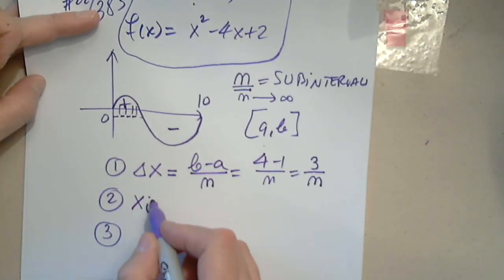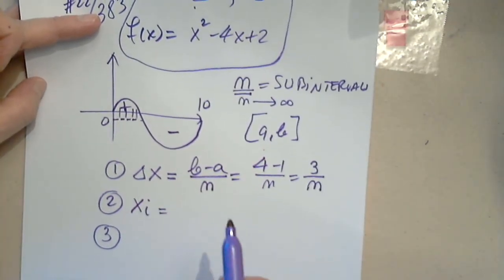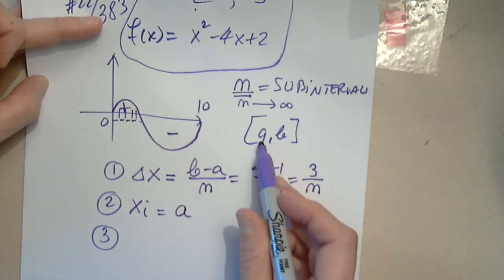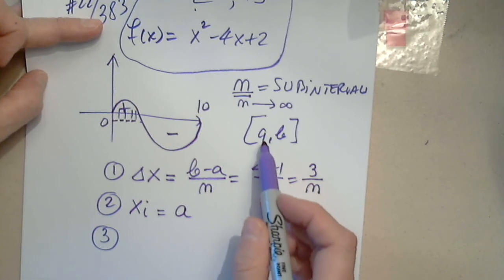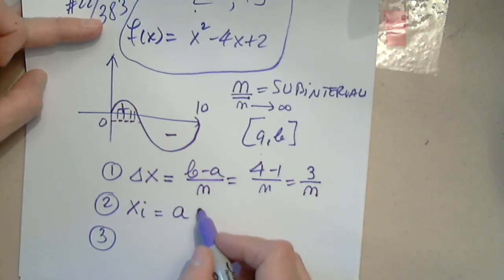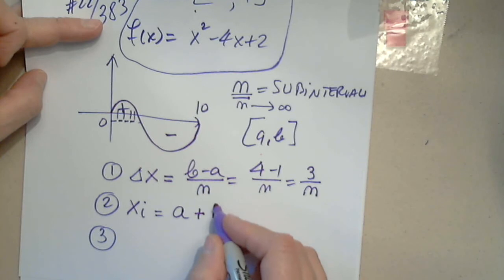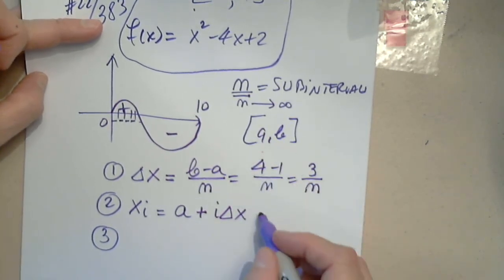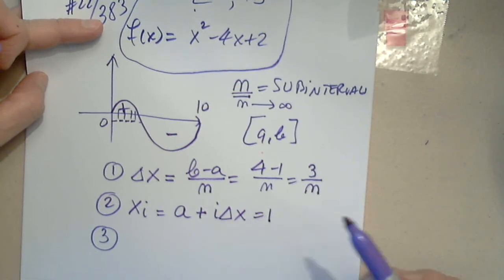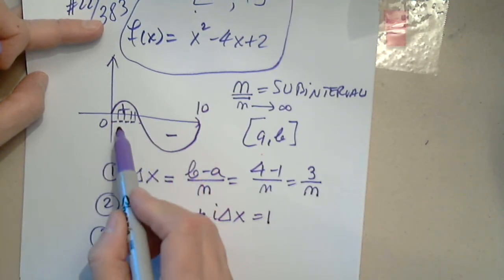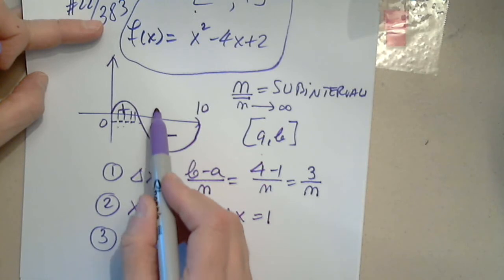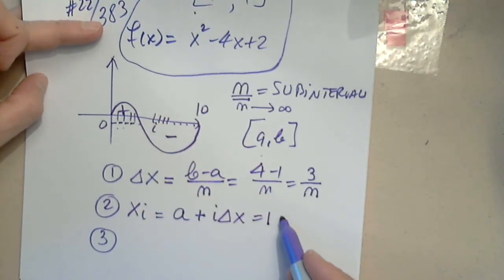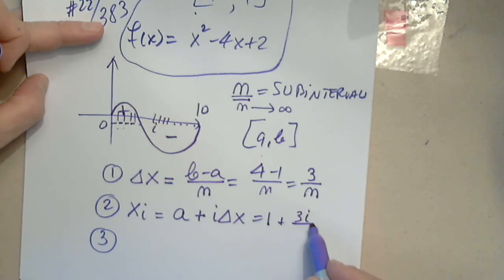Now we need to find xi. Xi, by definition, is always a, the left endpoint of the interval, plus i delta x. This is the definition, where a in our case is 1, and i is 1, 2, 3, dot, dot, dot, up to n. So a, 1, plus i delta x will be 1 plus 3i over n.